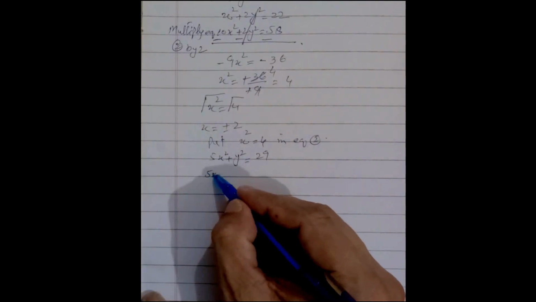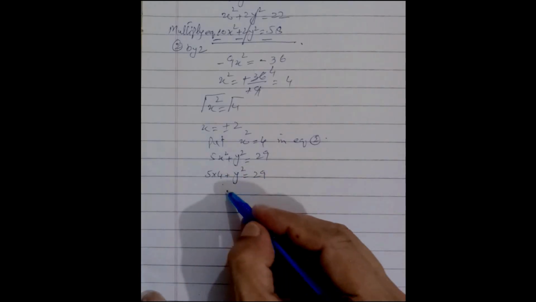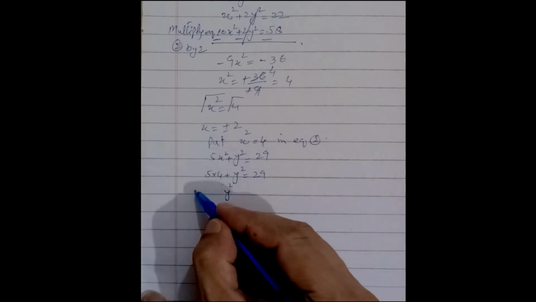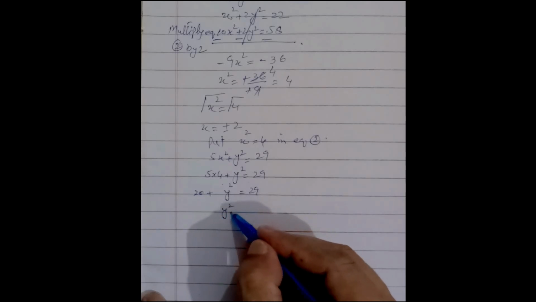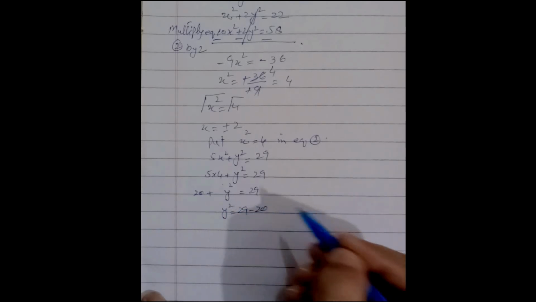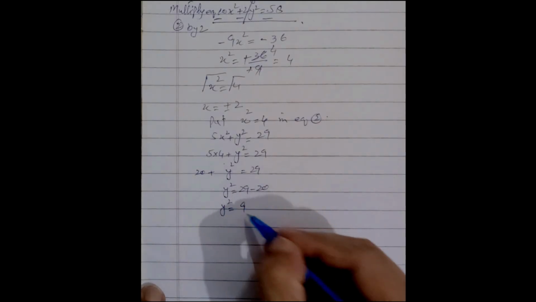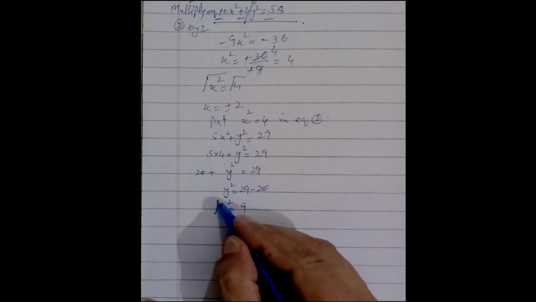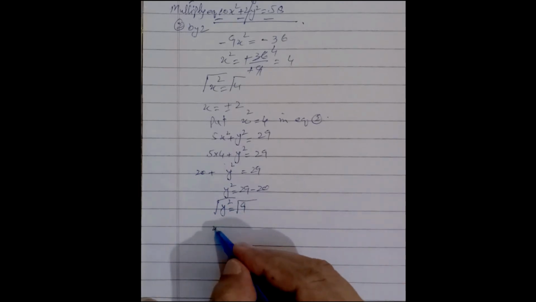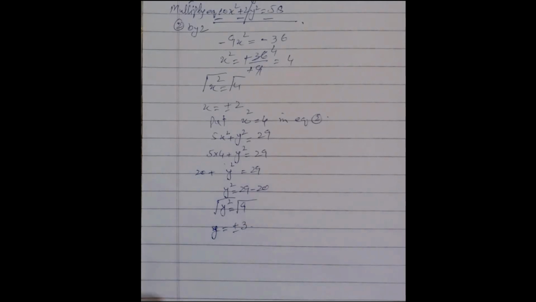So 5 multiplied by 4 plus y square is equal to 29, and 20 plus y square is equal to 29, and y square is equal to 29 minus 20, and we get y square is equal to 9. So we take square root of y square, we get y is equal to plus minus 3.